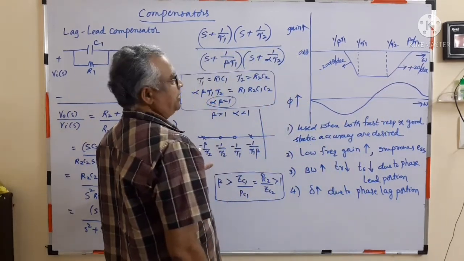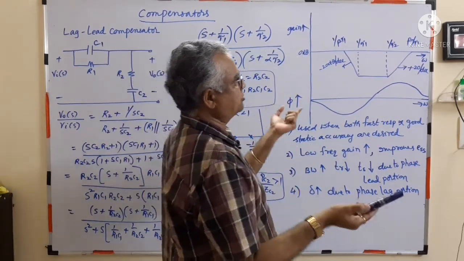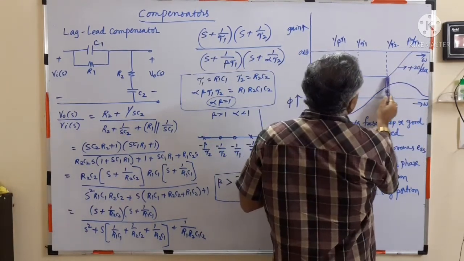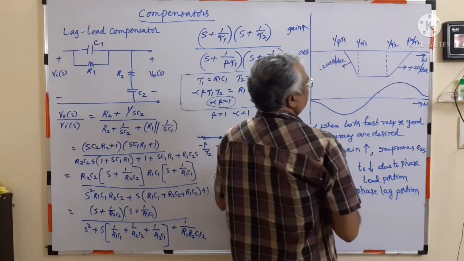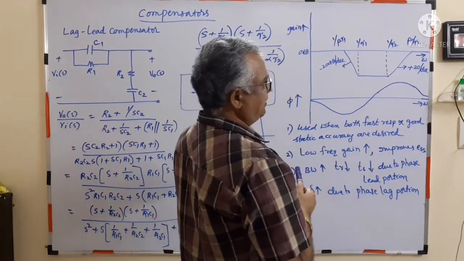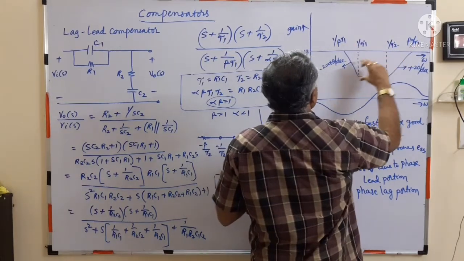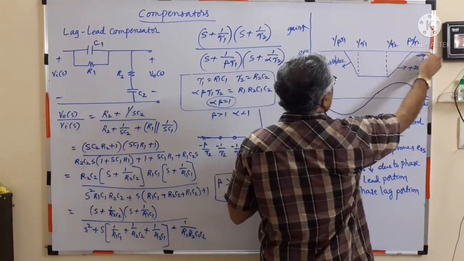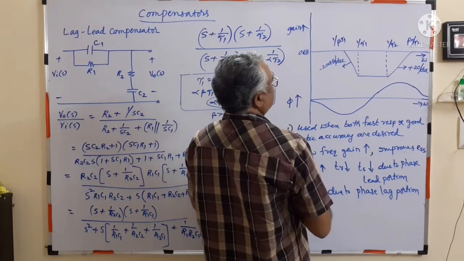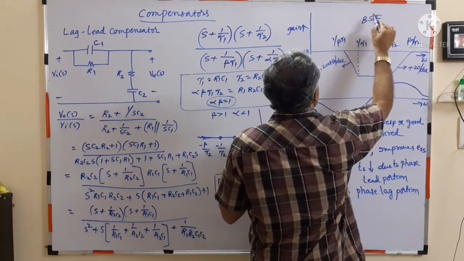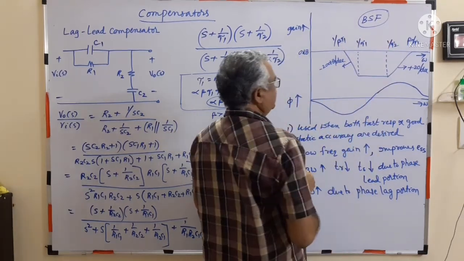Then another pole added, plus 20 minus 20 becomes 0. So it will be like this. Is this a band pass or band stop? In this band of frequencies the gain is negative, otherwise the gain is 1. So it is like a band stop filter.